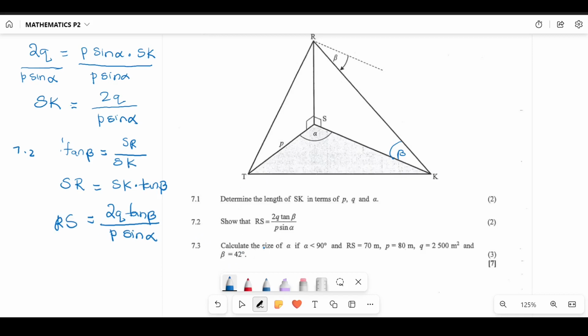Now 7.3, calculate the size of alpha if alpha is less than 90 and RS is equal to 70. All the values are given. Calculate the size of alpha. We just have to substitute all these values in this equation.